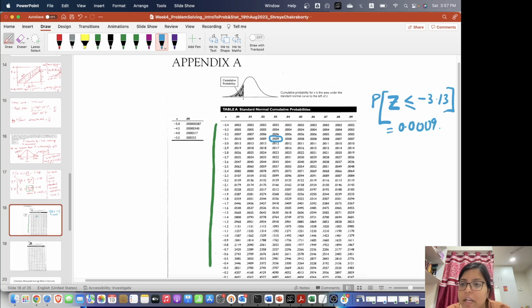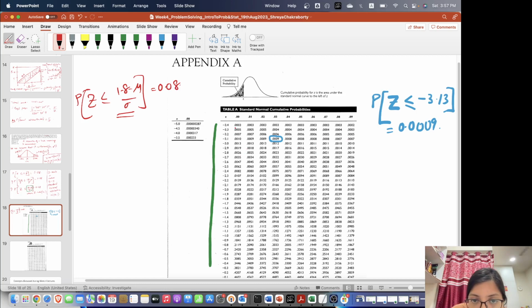You understood how to read this? So we have to find out the probability Z less than or equal to (1.8 minus mu) by sigma equal to 0.08. So we have to find this point. What we have to do is look for the individual elements in this table which have just touched 0.08. We'll go in this manner.